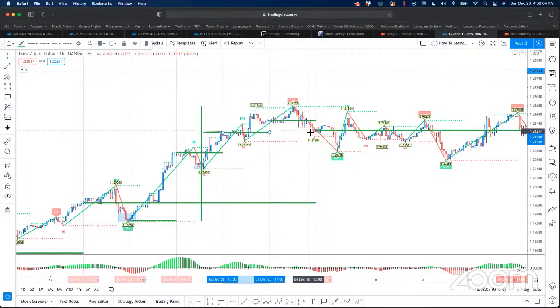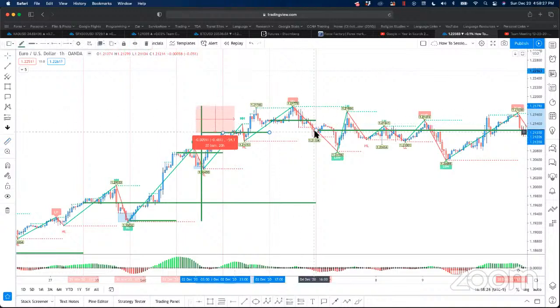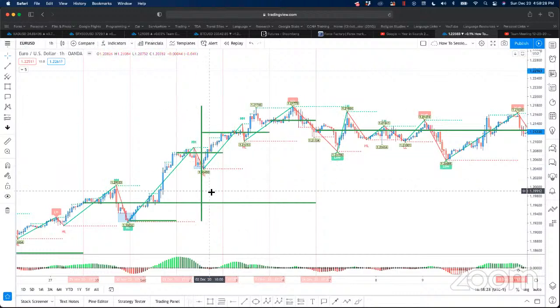So from this high to where it closed out, that would have given you another 50, 60 pips off of this trade from the high to the low, because we needed to make the rest of this body right here.